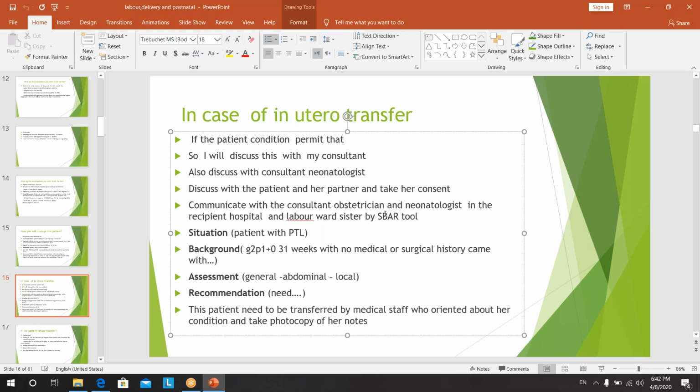Communicate with the consultant obstetrician and the neonatologist in the recipient hospital. In the hospital to which you will refer the patient, you have to talk with the obstetrician, the neonatologist there, and the labor ward assistant.